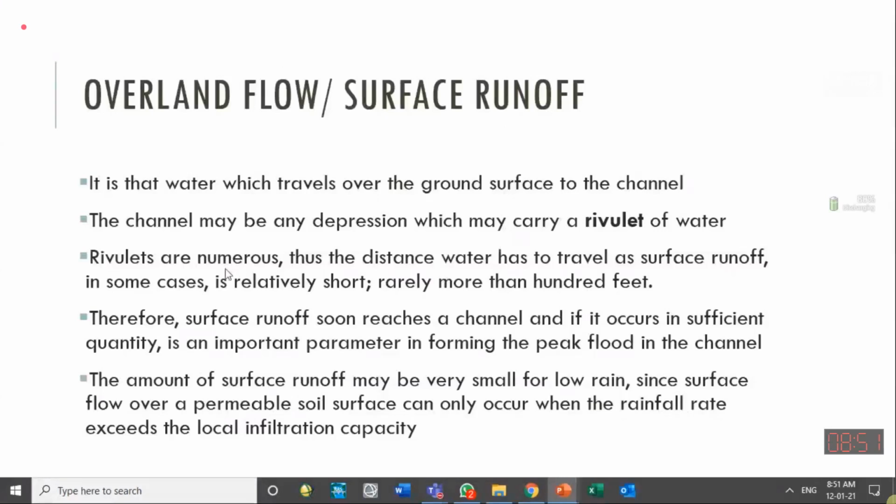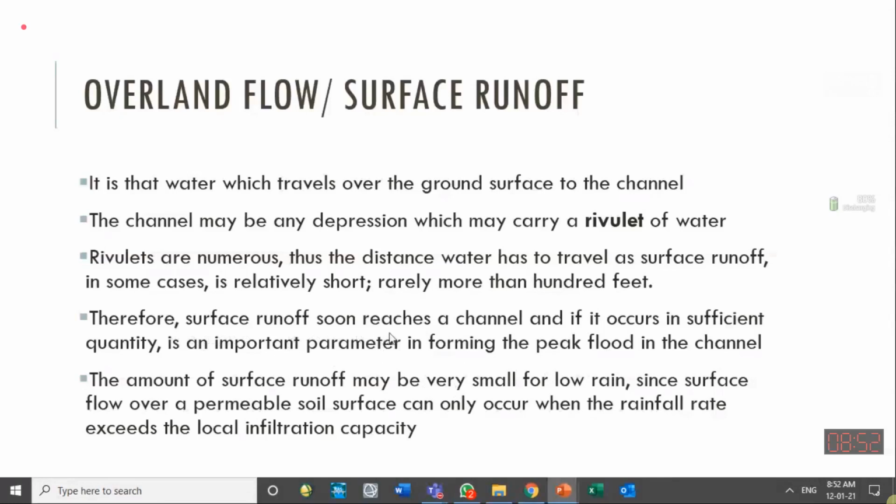So when it becomes a rivulet, then we say this is not overland flow. Now this is a channel flow. So now it is carrying runoff. A small length of water will flow as surface runoff, then it will move as channel runoff, or simply the runoff.